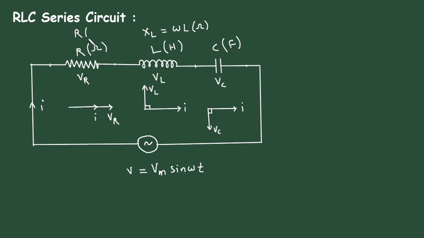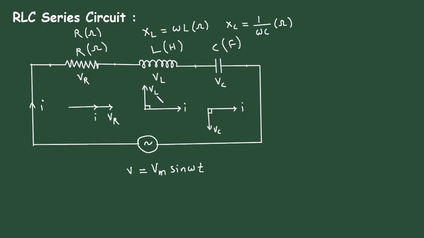The unit of resistance is also ohm. Now the opposition to current due to capacitance is given by XC. It is called capacitive reactance and it is equal to 1 upon omega C, and its unit is ohm, where omega is the angular frequency and C is the capacitance.